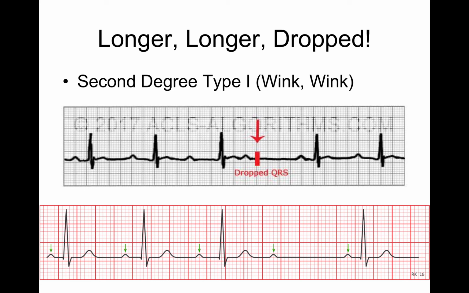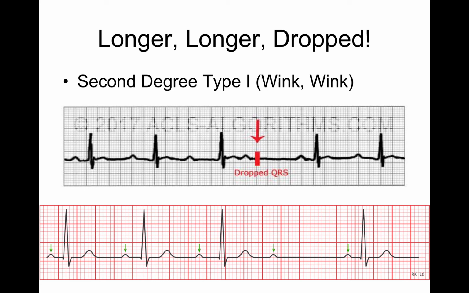You've lost them. So what happens with a second degree type 1 is your PR interval is going to get longer, longer, longer, and it just says, you know what, I'm done winking. You're not going to get my wink back. And so next thing you know, we don't have any conduction fully, and so the QRS complex just gets dropped. And then it starts to go back again.